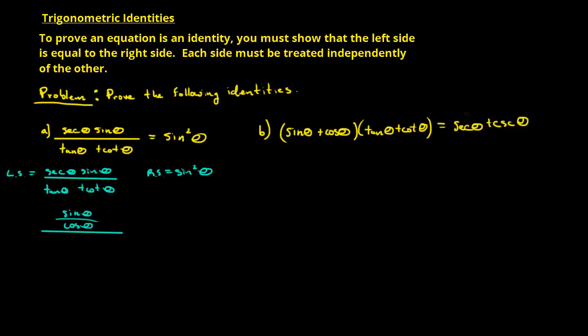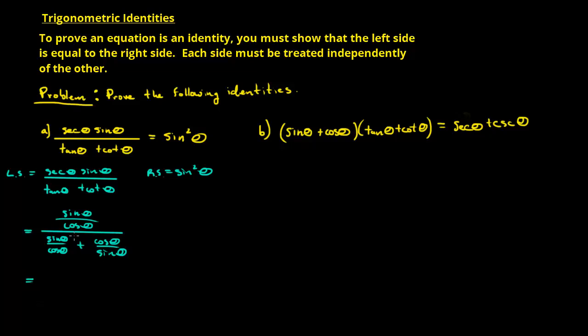You should always try to get your equal signs aligned with the fraction bar, if possible. It's just a style thing in math. So tan theta can be written as sine theta over cos theta, and cotan theta can be rewritten as cos theta over sine theta.